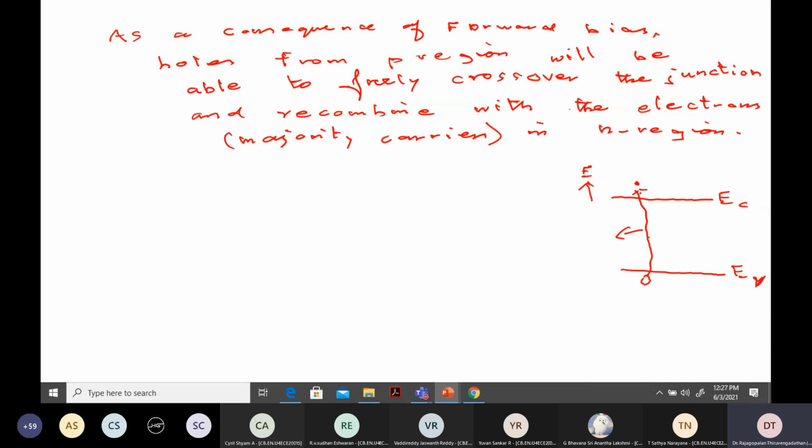This is the process of generation. When we give enough energy, close to or exceeding the band gap value, we will be able to promote an electron from the valence band to the conduction band, leading to generation of an electron hole pair.